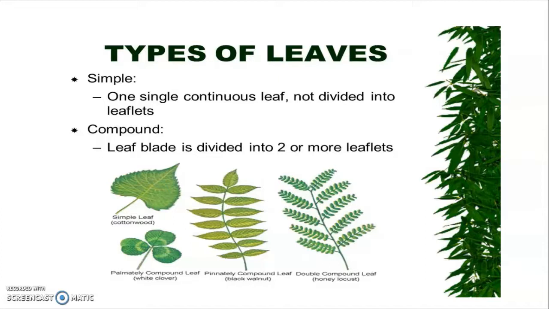The first picture is a simple leaf, the cottonwood. The second picture is a compound leaf, white clover. Number three is a black walnut, a compound leaf. And number four is a double compound leaf, a honey locust.